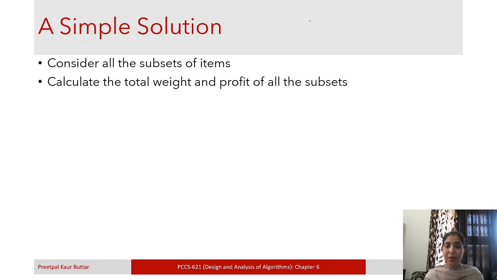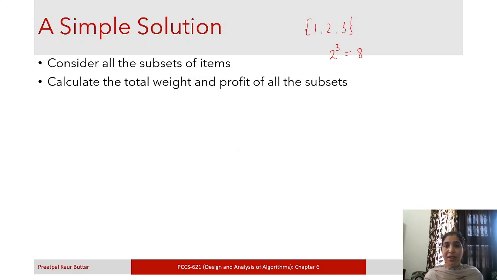So if there are 3 items, then how many subsets are there? For each item, we can pick it or we can leave it. So for each item, we have 2 choices. So total subsets which are possible are 2 raised to power 3 with 3 items. So total 8 subsets are possible, right?